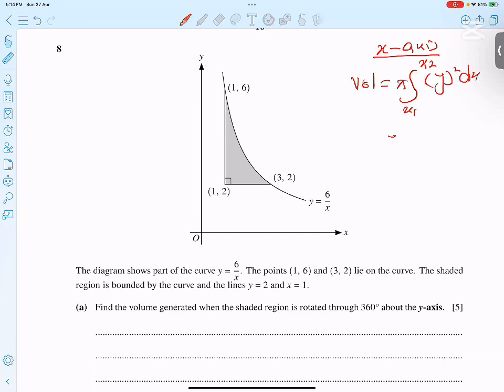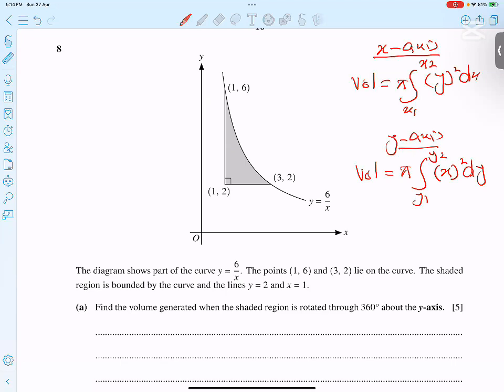But if the y-axis is asked, every variable reverses: x1, x2 become y1, y2, y² becomes x², and dx becomes dy. I hope the concept is very clear.